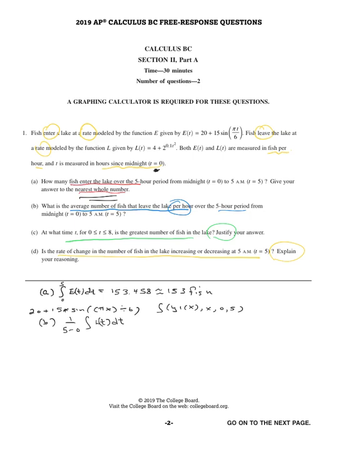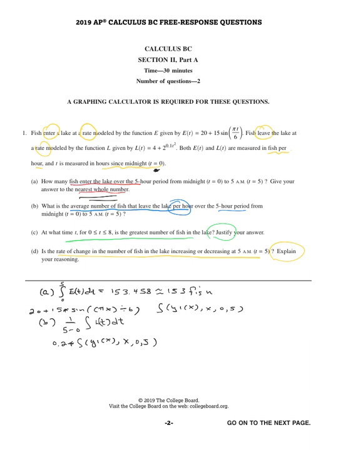So I already typed in L of t into y2, so I'm just going to type 1/5 or 0.2, this is on my home screen, times the integral, which is second 7, y1 of x with respect to x from 0 to 5. Then, of course, I'm going to read the directions.